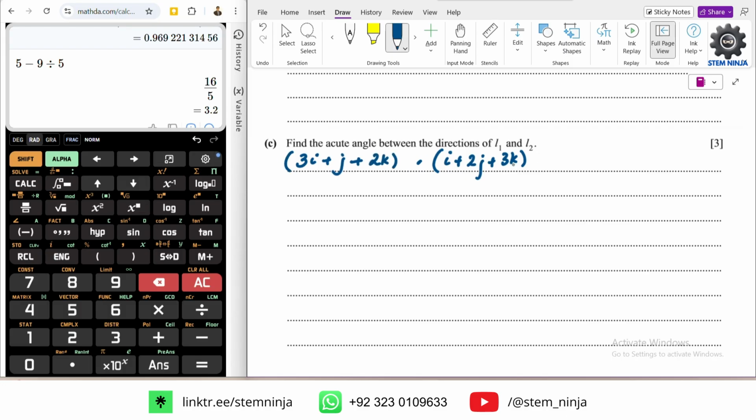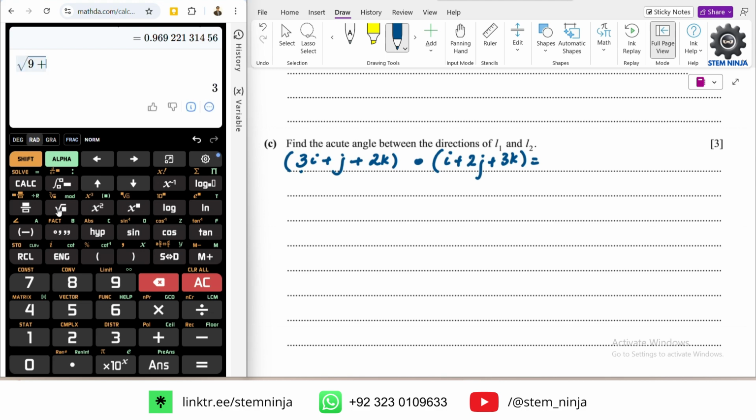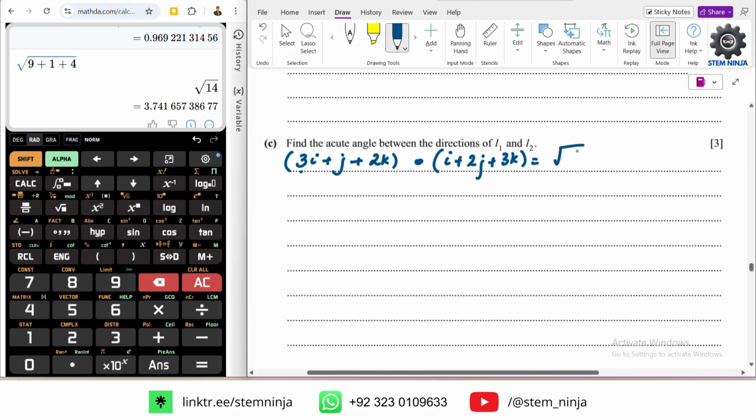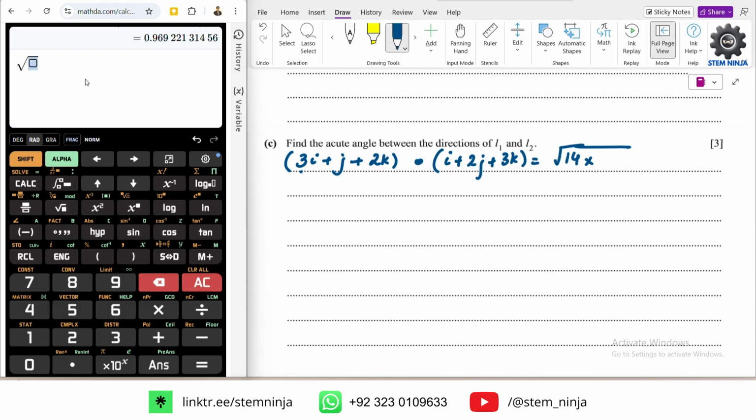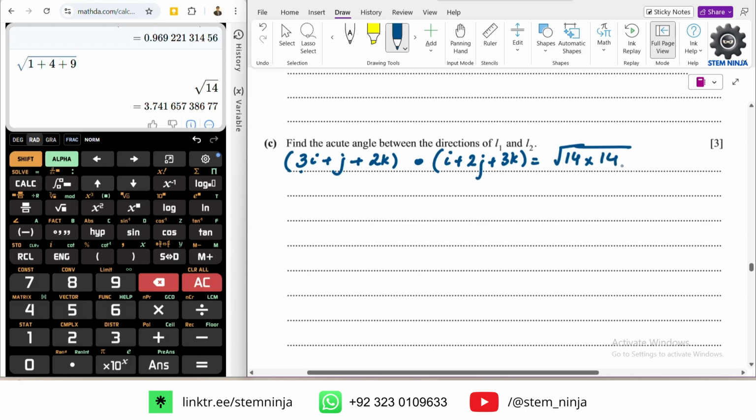Right. So we need the dot product between them, right? And these, 9 plus 1 plus 4, this is 14, times 1 plus 4 plus 9, 14 also. So this is just 14 cos of theta, right? So 3 times 1, 3, 1 times 2, 2, 2 times 3, 6, equals 14 cos of theta.